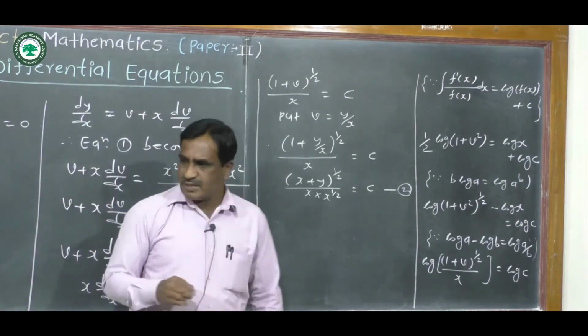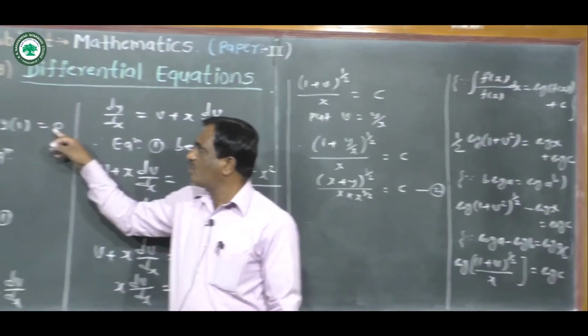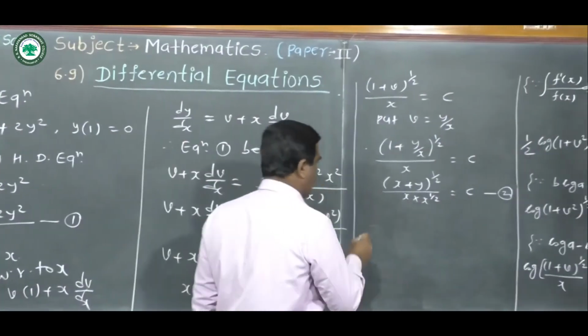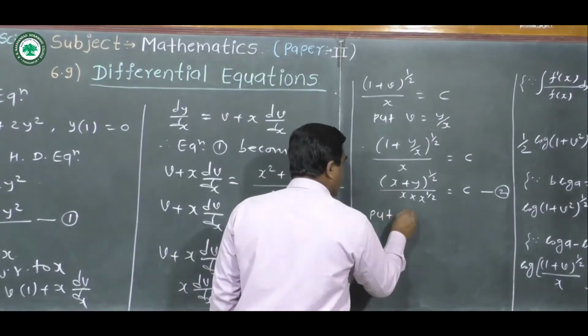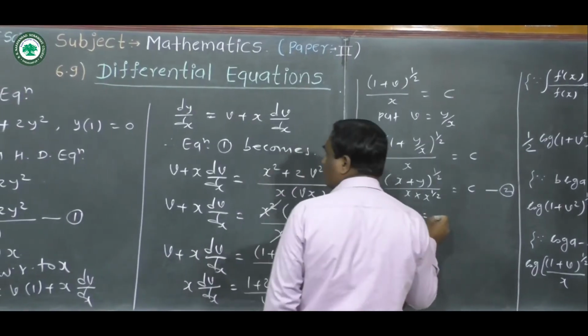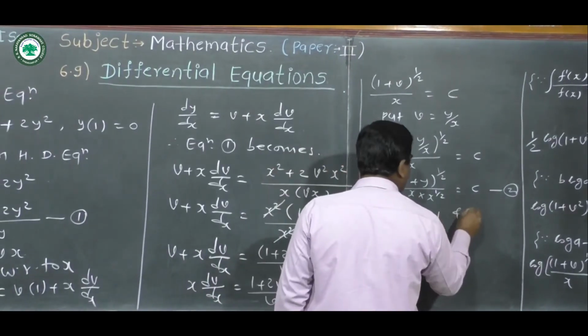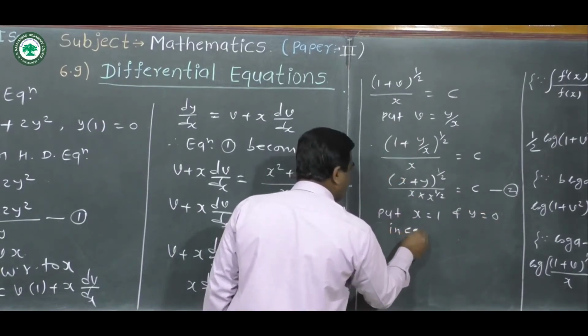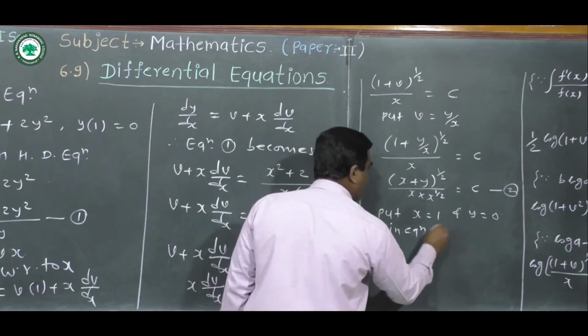Now we use the condition here. We are given y of 1 equal to 0, that is x equal to 1 and y equal to 0. Put x is equal to 1 and y equal to 0 in equation second.